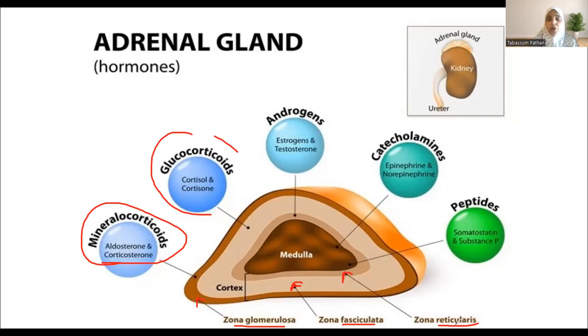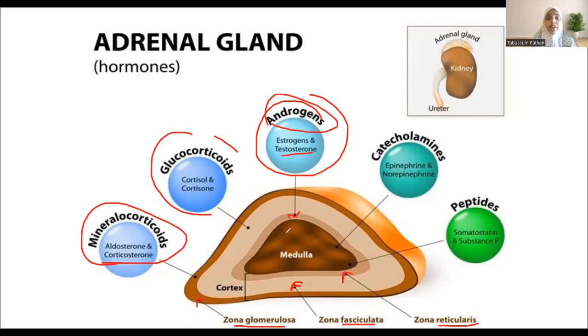Zona reticularis of the cortex region of the adrenal gland secretes what? Androgens, that is estrogen and testosterone. Now you will be wondering from where the reproductive hormones like estrogen and testosterone come into the picture over here. But yes, in addition to the ovaries or the testes, the adrenal glands, the zona reticularis, also secrete androgens in certain amounts, which is your estrogen and testosterone.